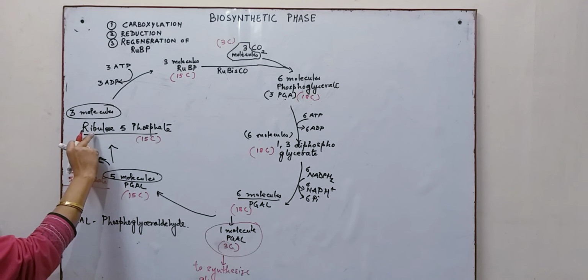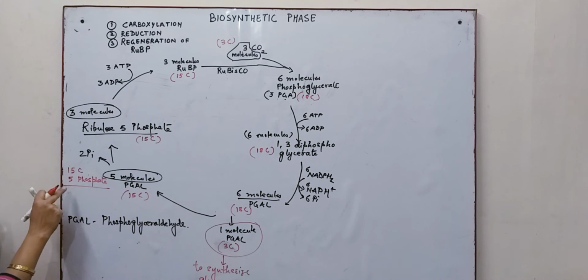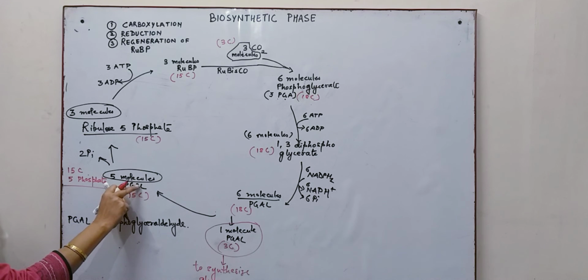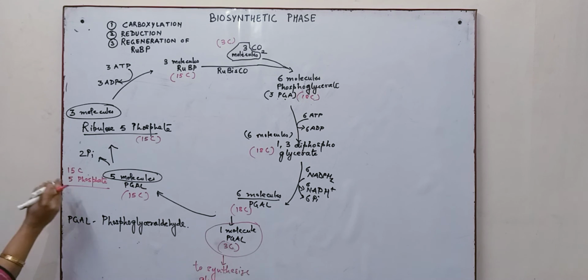Let us understand why we are saying ribulose 5-phosphate. Already mentioned, the PGAL has 1 phosphate. Now, 2 Pi are removed, that means 2 phosphate groups are removed.